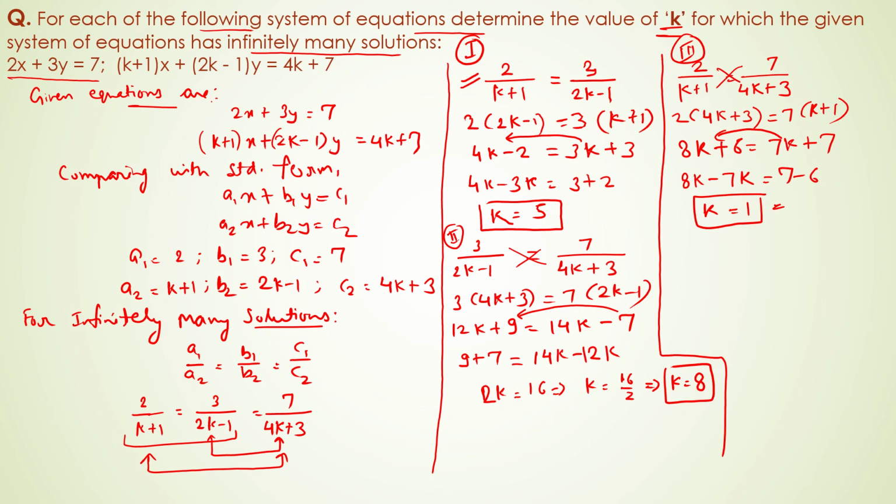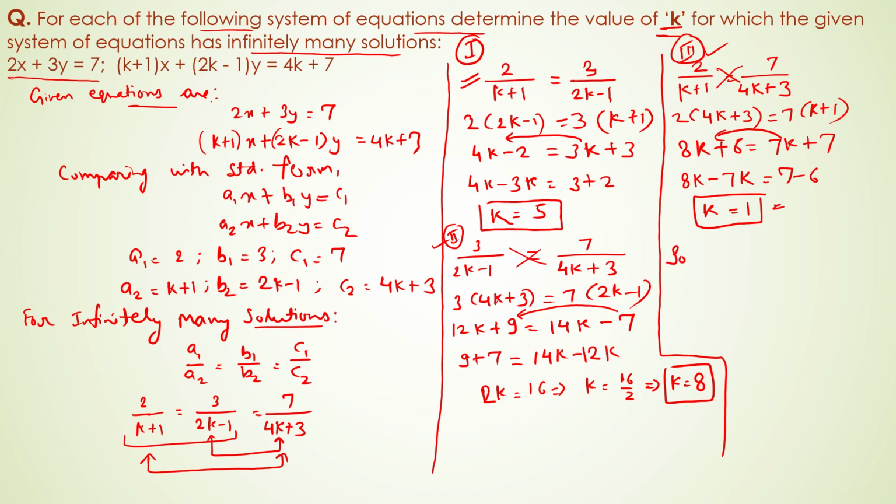So the first case is also possible in case of no solution. But if we talk about infinitely many solutions, then there are only the second and third cases, in which a1 upon a2 is equal to c1 upon c2 and b1 upon b2 is equal to c1 upon c2.